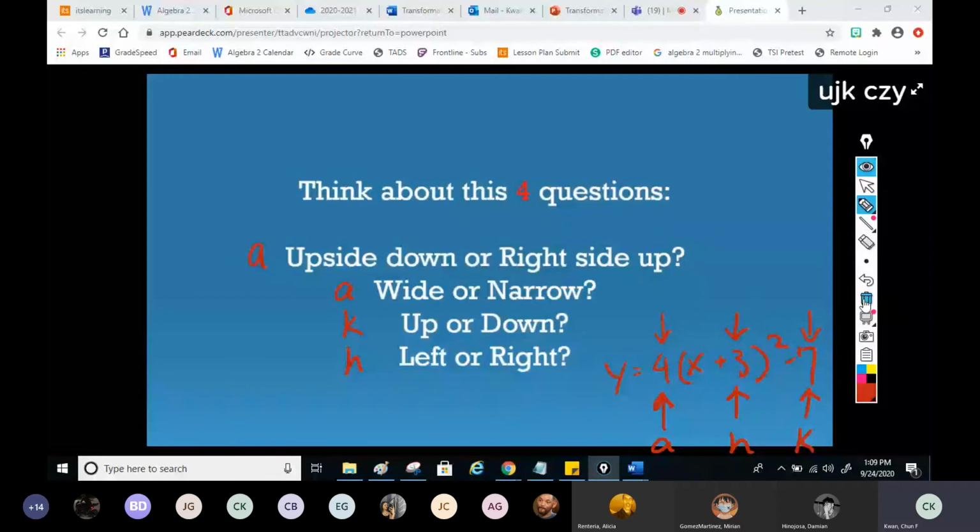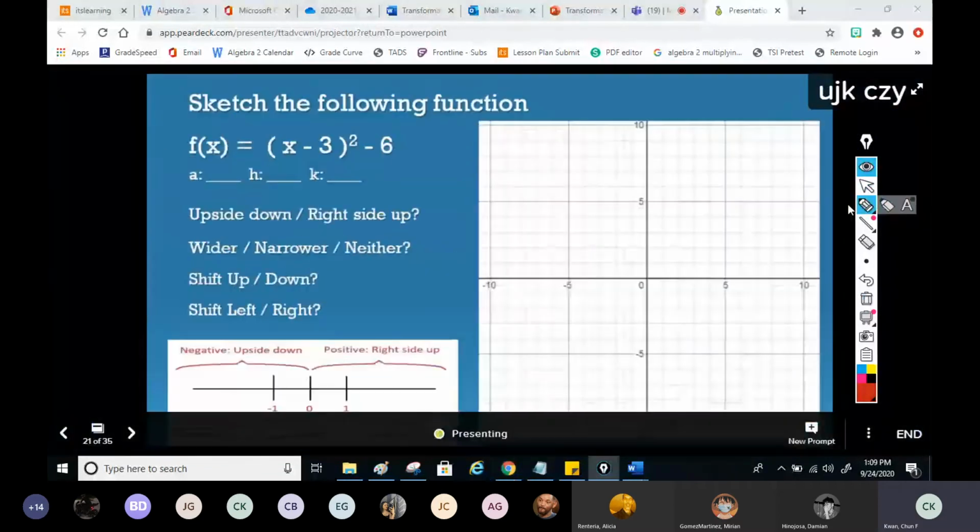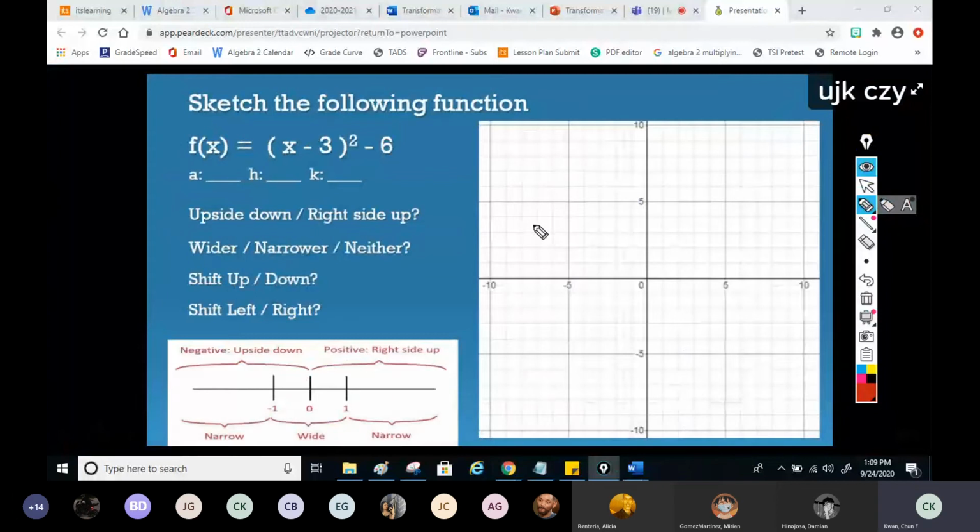Okay, so let's actually work this problem out. I will show you guys how to solve this. So right here, I have a quadratic function in front of you. So the first thing, let's think about what is A, what is H, and what is K. So A is the number in front, and if there is no number, A is going to be +1, okay?